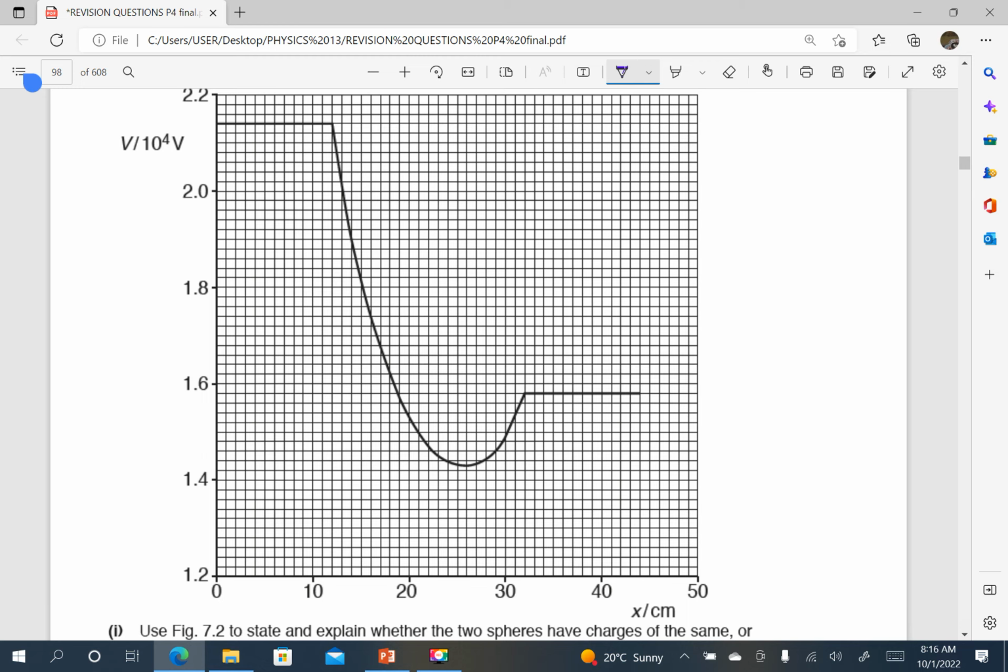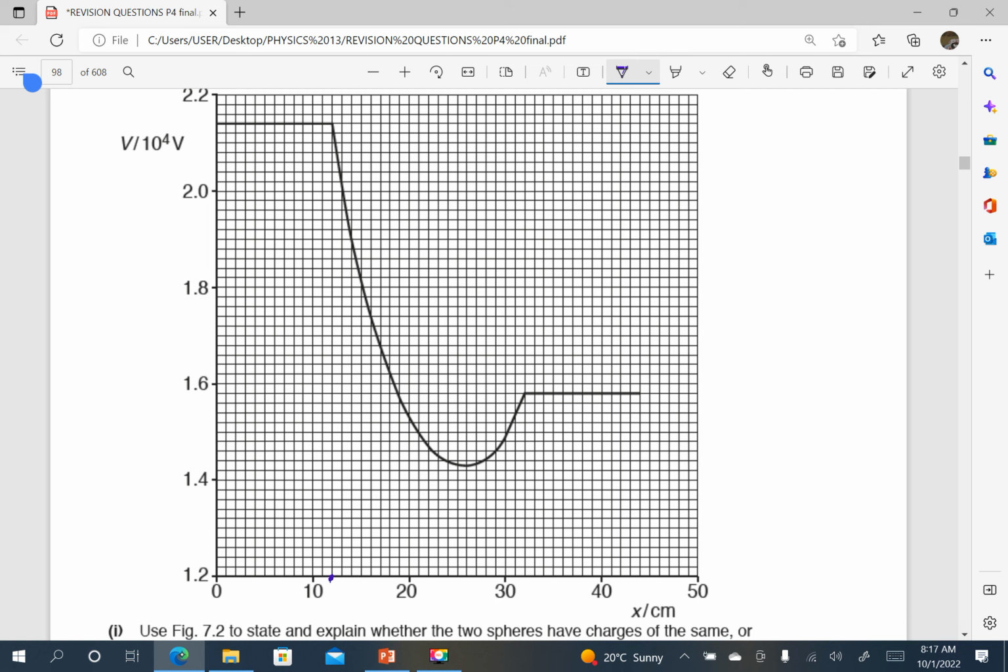So you see, we can even predict the radius, because inside the conductor potential is constant and the same as the surface. The scale here is, I think, 1, 2, 3, that is 1.